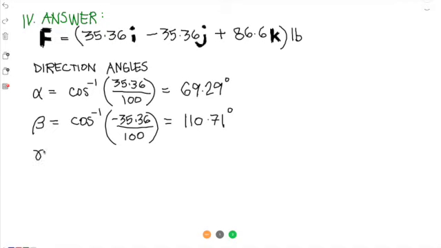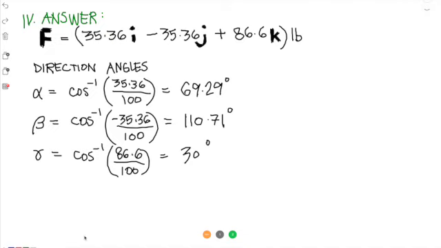So for gamma angle, you have the arc cosine of, this is positive 86.6 all over 100, and that is approximately 30 degrees.